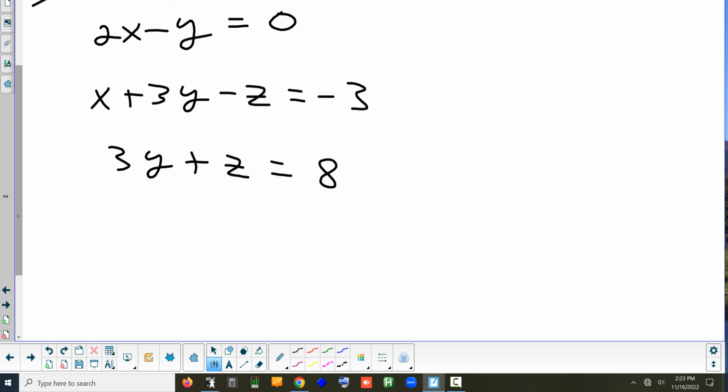Okay, what would be my top row? Zeros are great because arithmetic is simple with zeros. So 2, -1, 0, 0. Would we not just swap the middle row and the top row?